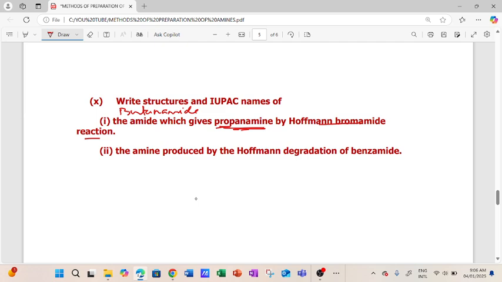Now, the amine produced during Hofmann bromamide degradation of benzamide. Benzamide is C6H5CONH2. When you do Hofmann bromamide degradation, one carbon will be deleted, especially the CO. You get C6H5NH2, which is aniline. So the answer is aniline.